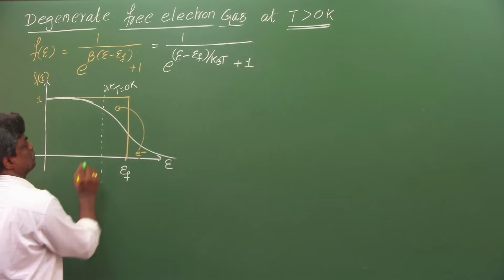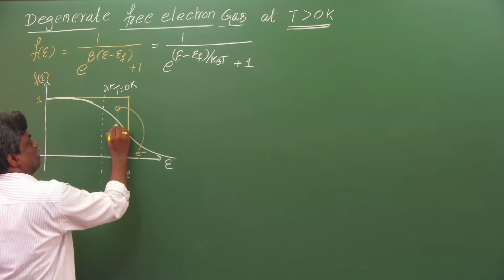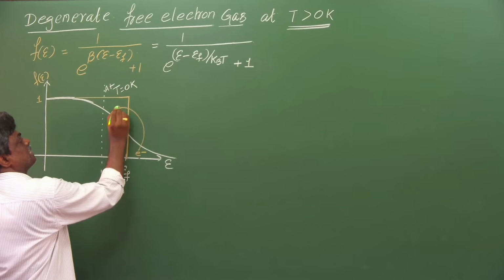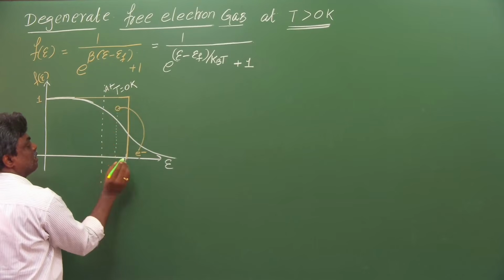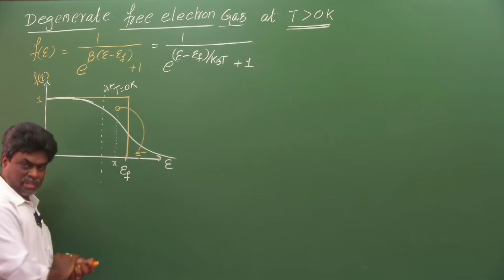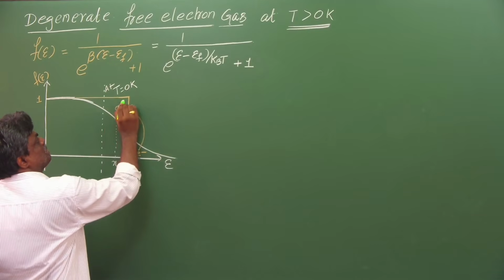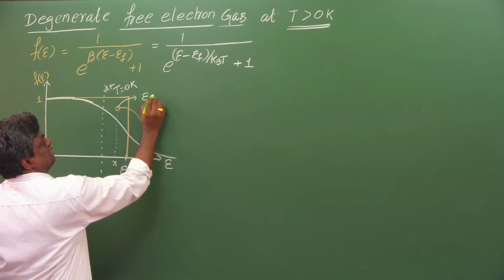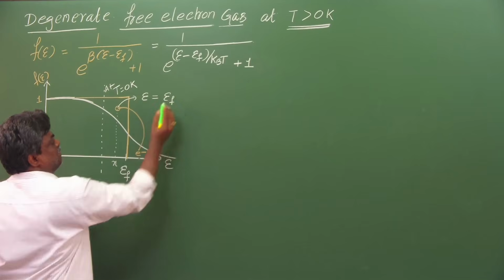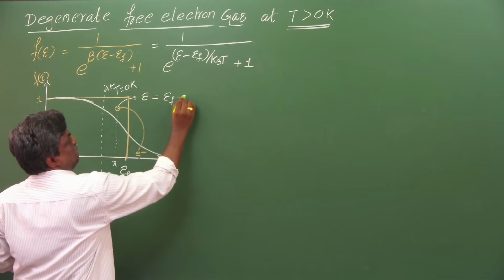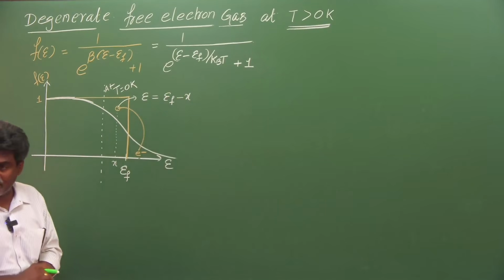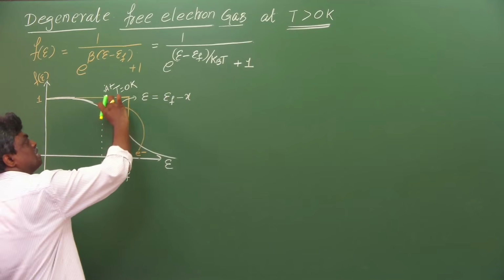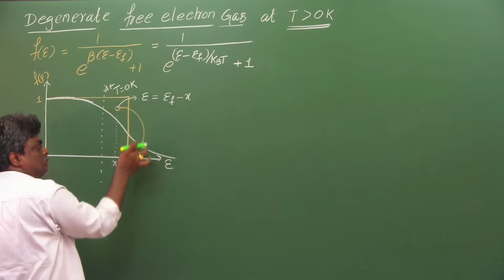Now let us suppose we earlier had one electron at a location X below. What is its energy? E equals EF minus X. Now this electron jumps to the higher states.